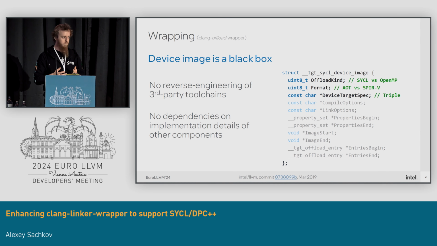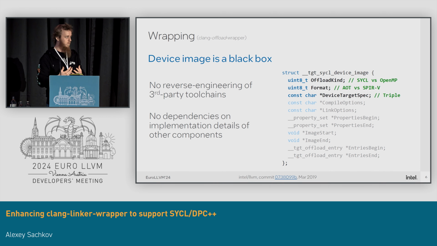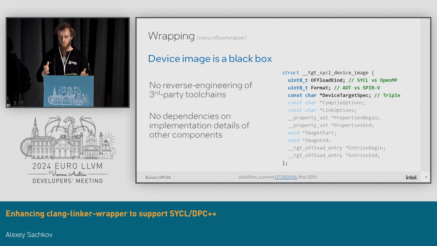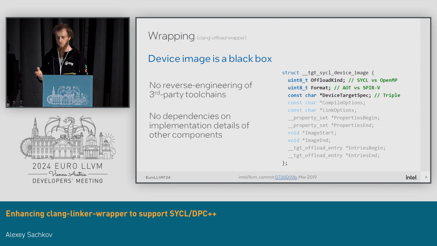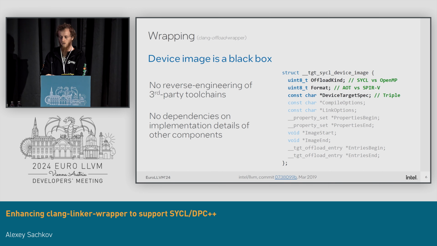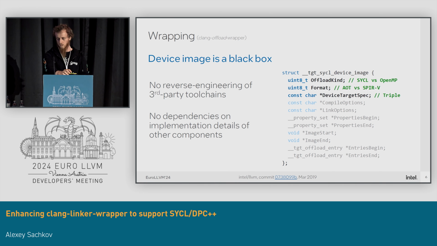One of the important design decisions we made is that we do not want to look into device code anywhere at runtime to understand if it is compatible with a certain device. We just want to treat it as a black box. We do not want to depend on potentially undocumented implementation details of a third-party toolchain. So we just embedded a few more fields to be able to understand the kind of device image and which target it was compiled for, if it was an ahead-of-time compilation.